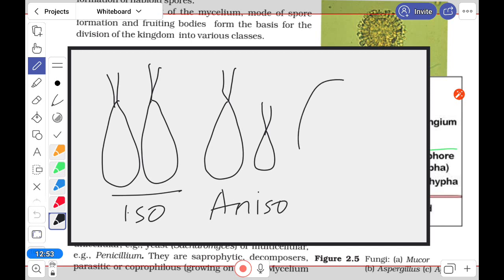In some cases, one gamete is very big but non-motile, and another is motile but very small; that is called oogamy. In human beings, oogamous reproduction is there. So that is the end of this part, Phycomycetes. Next day we can do Ascomycetes and others. Okay, thank you.